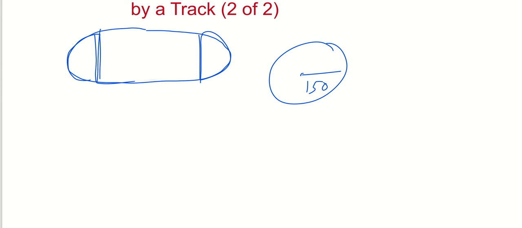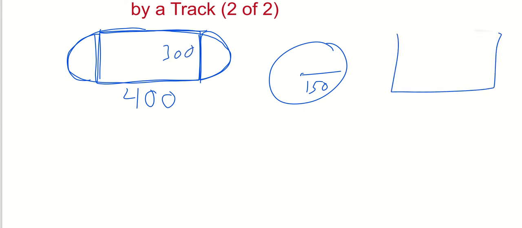And we also have what's going to be on the inside part, which is this rectangle. Its width we showed was 400, and its length was 300. So the total area of the rink should be the area of these two figures put together, which we can go ahead and calculate.